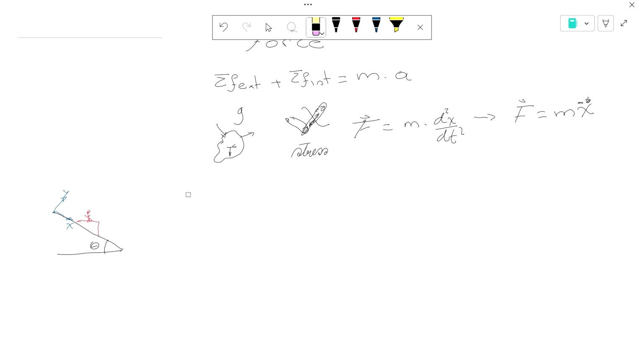And the question is, find the position as a function of time.